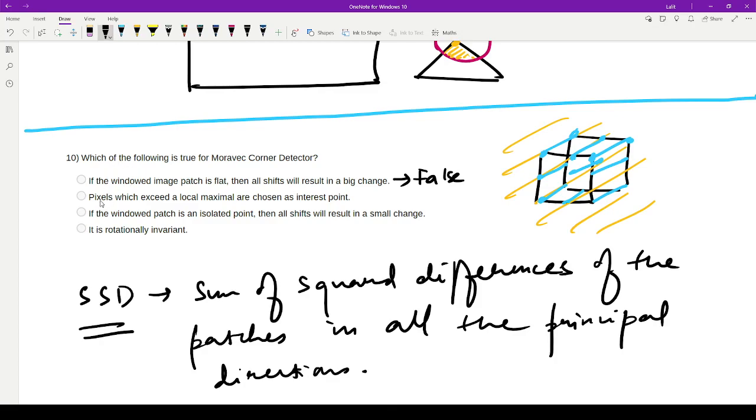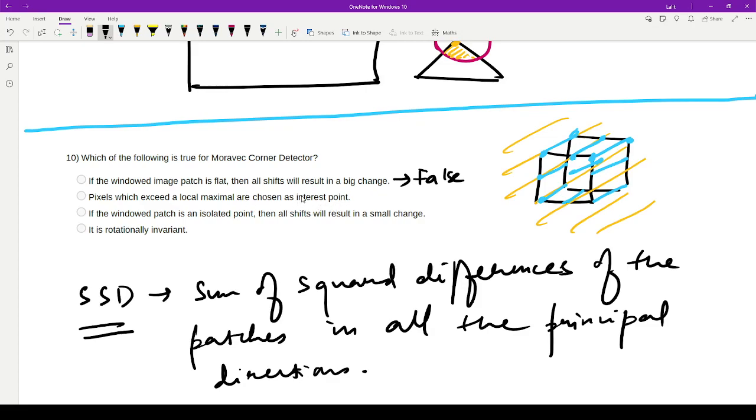The next one is: pixels which exceed a local maxima are chosen as interest points. True or false? You are ultimately finding the differences where there is a maximum.